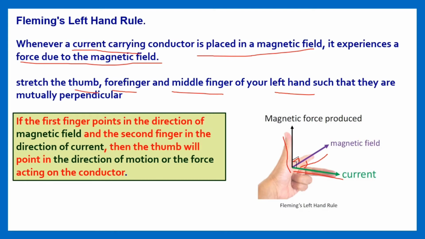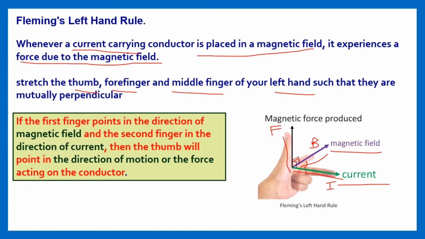So if the first finger points in the direction of magnetic field and the second finger in the direction of current, then the thumb will point in the direction of motion, or the force that is acting on the conductor. That is force F, B is magnetic field, and I is current.